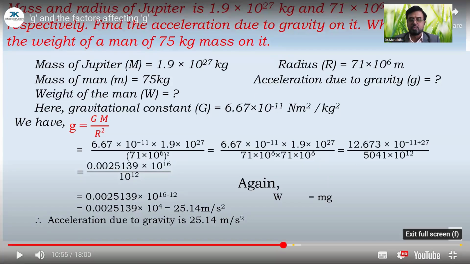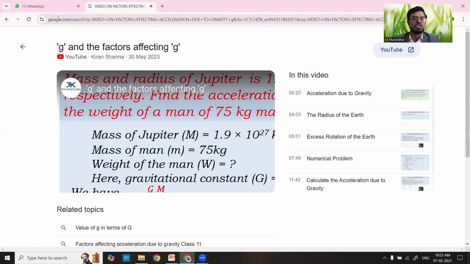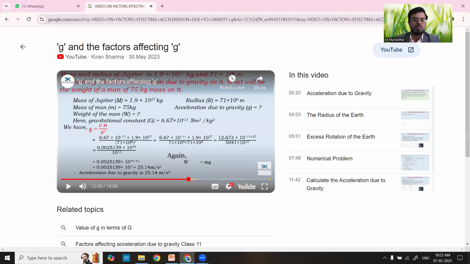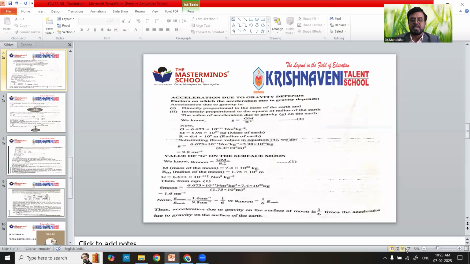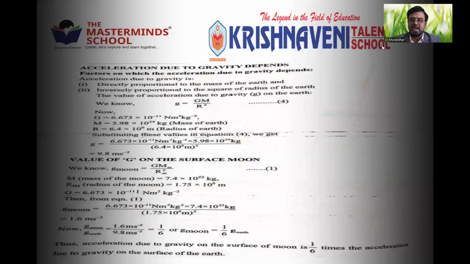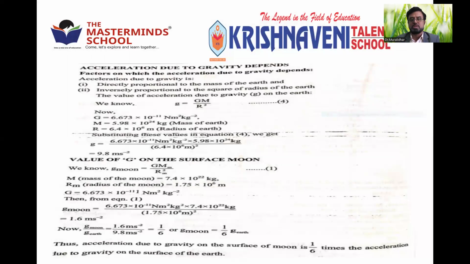So what we learn from this is the value of G, on what factors the G value is influenced or affected. There are factors like height. So G value is different in different places, small g value, as you have seen on Earth or Jupiter or Mars, based on their mass, radius, it changes.